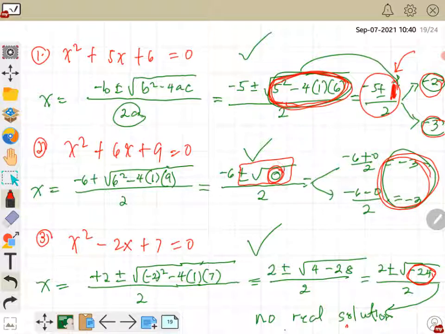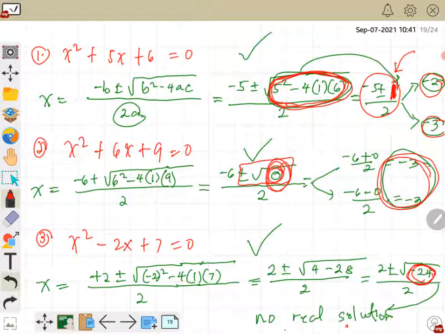If the value there is 0, we will only have one real solution. If the value there is negative, or less than 0, we won't have a real solution. That is simply the nature of roots of a quadratic equation.